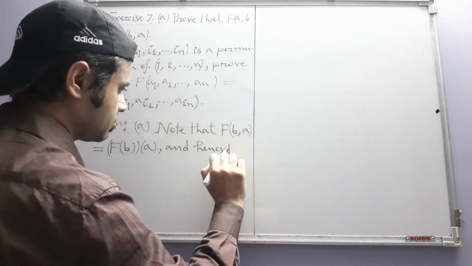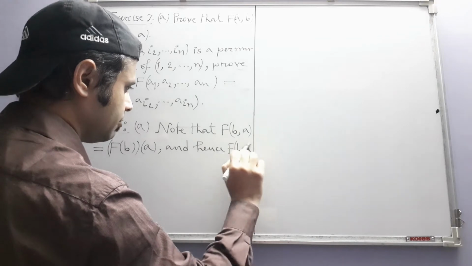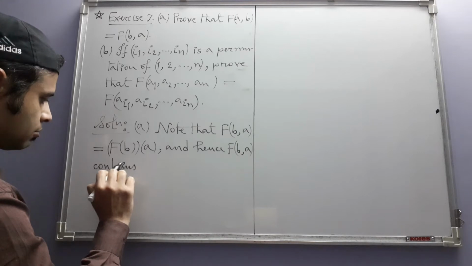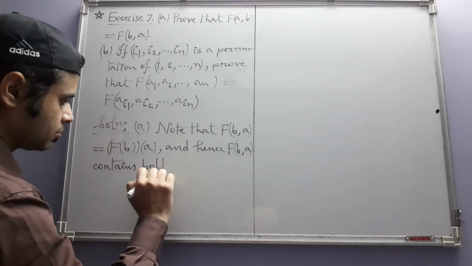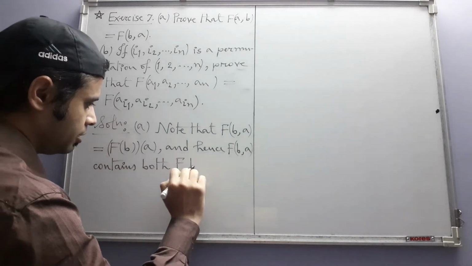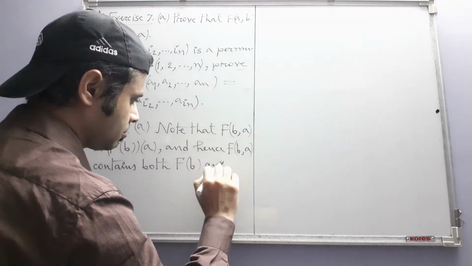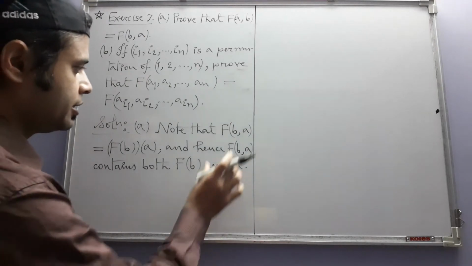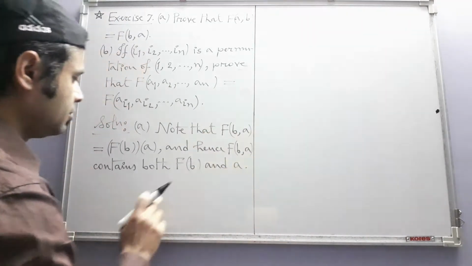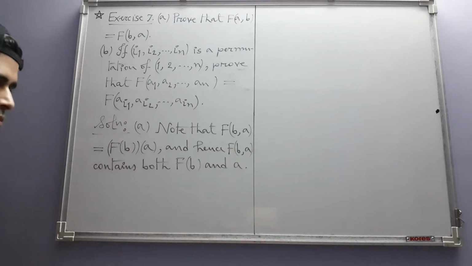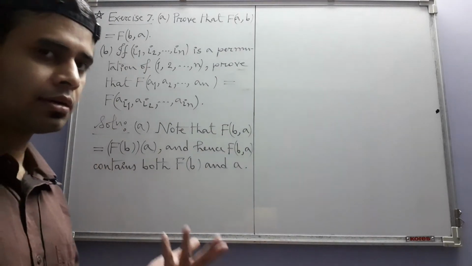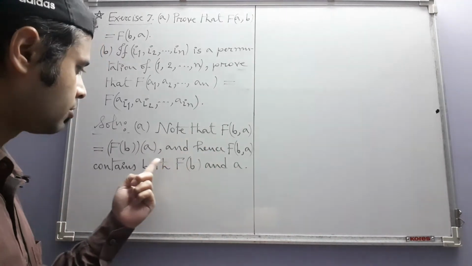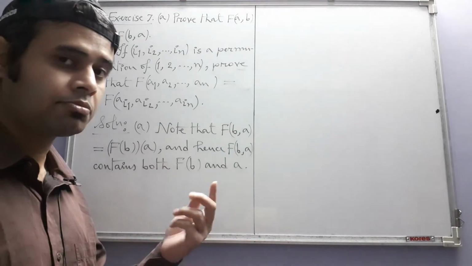And hence F(B, A) contains both the field F(B) and A. Naturally, in fact, it is the smallest field containing both F(B) and A. If you want to use the language of subfields, then you can also call it the smallest subfield containing both F(B) and A. But subfield of what?